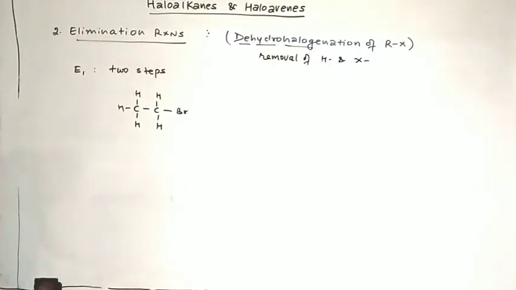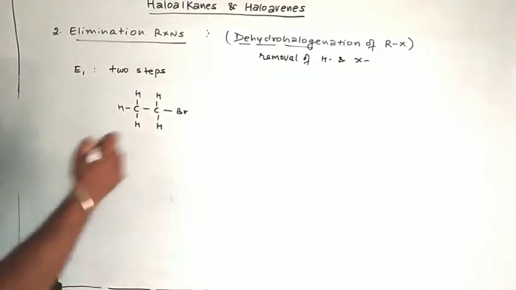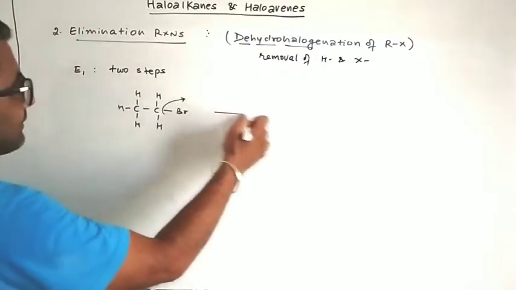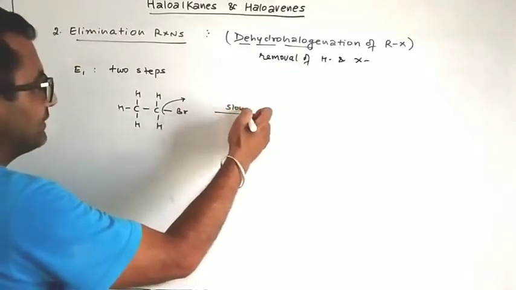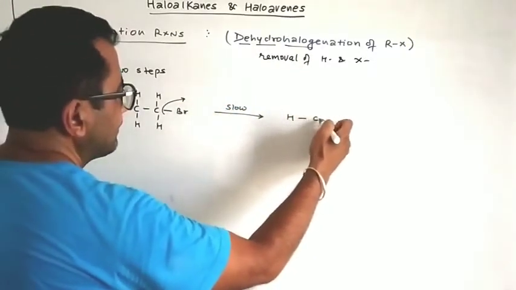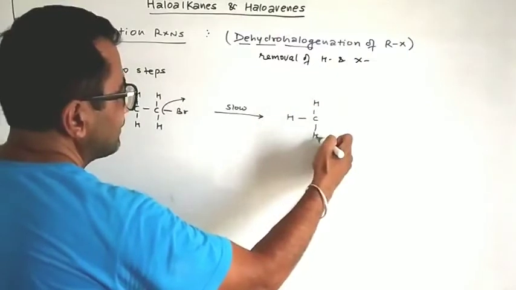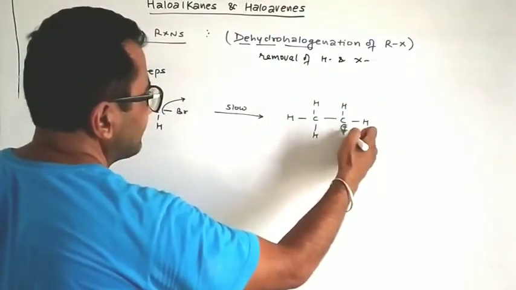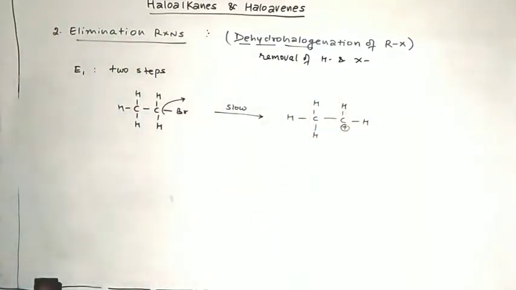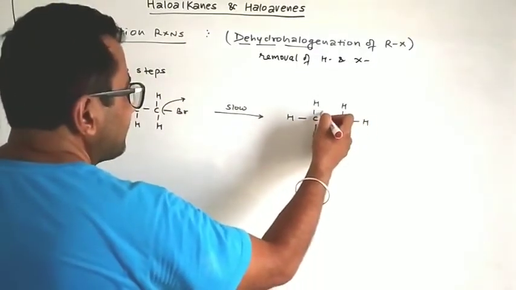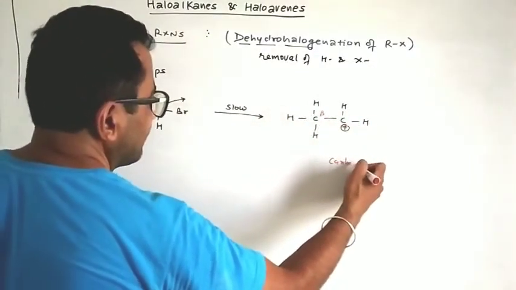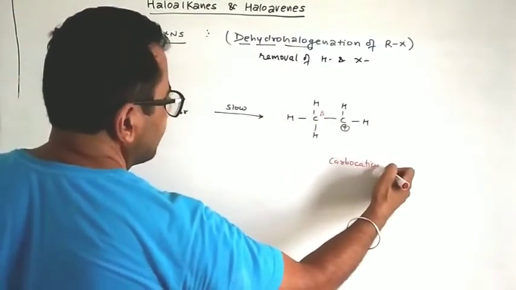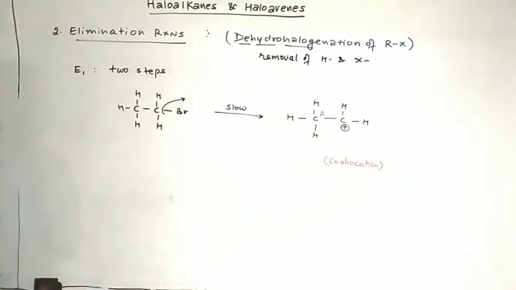That is a slow process, even unimolecular, that this bond will break. This is a slow step. Carbocation is formed as intermediate. Okay, so this carbon is beta C. Just like SN1, carbocation is formed as intermediate.